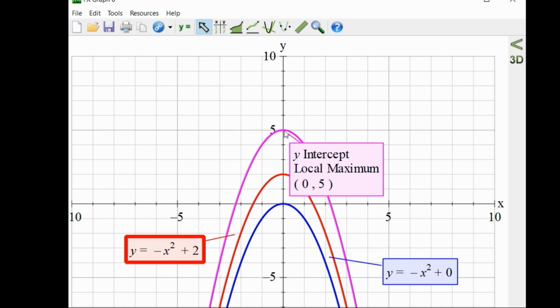X is 0 because that's where the y-axis is. The y value of that point is 5. So its coordinate is 0, 5. And that tells us it's where my little pointer is. Okay, so that is a little bit of information that you really need to fix in your mind.